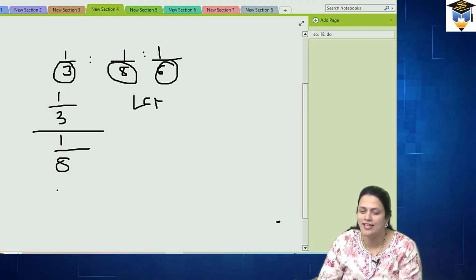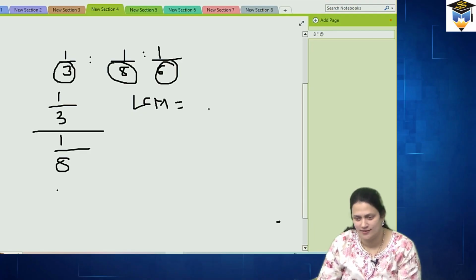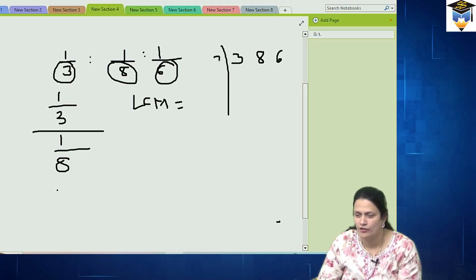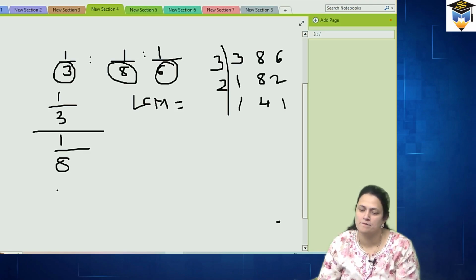How do we find the LCM? I hope everybody remembers. We did it in school. How do we find it? If you remember this method. Okay, so if I am going to divide by 3, so now what is the LCM?